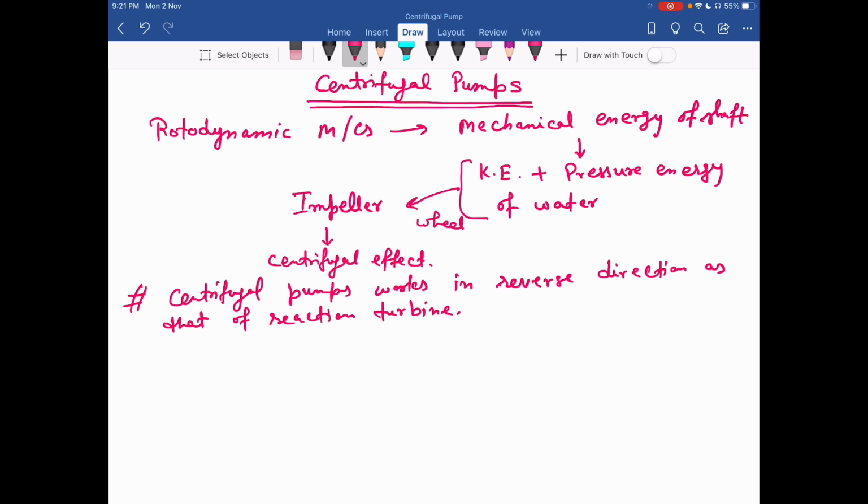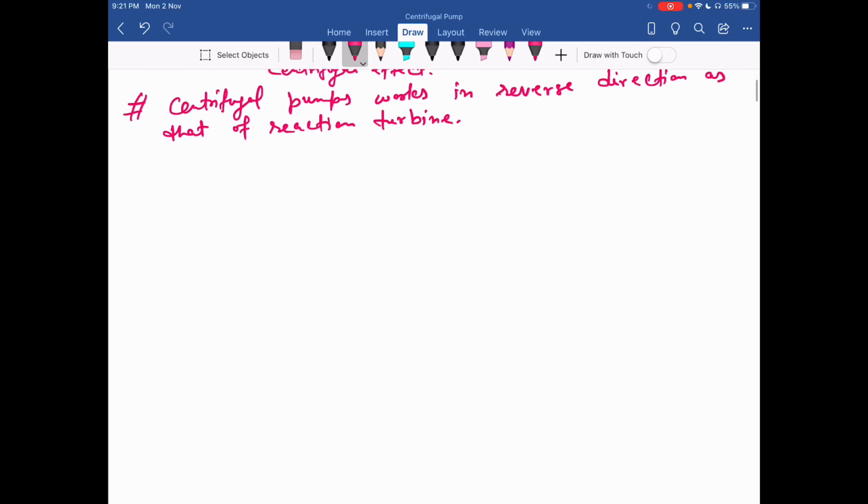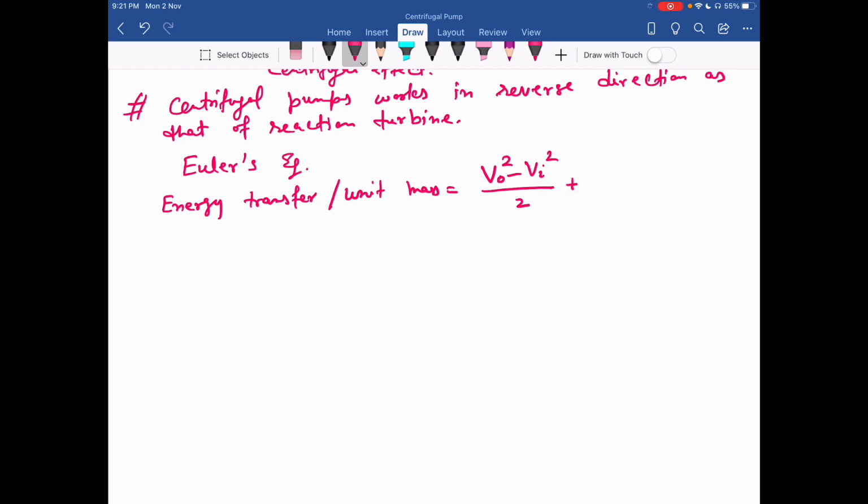Now, the transfer of energy in the impeller is given by the fundamental equation that is called Euler's equation. So, the energy transfer per unit mass we can write as (Vo² − Vi²)/2 + (Uo² − Ui²)/2 + (Vri² − Vro²)/2.